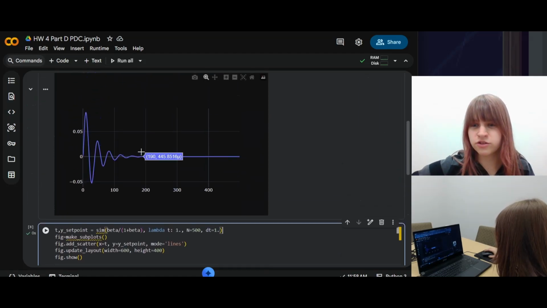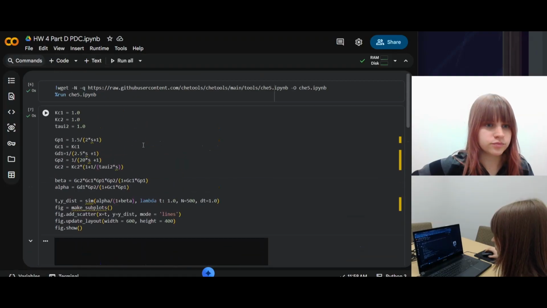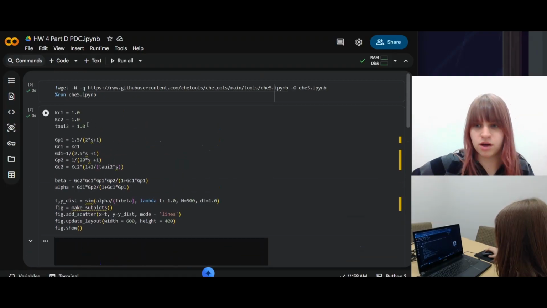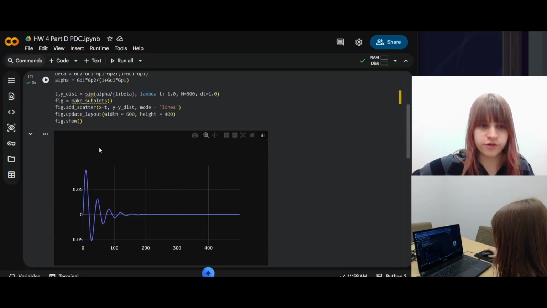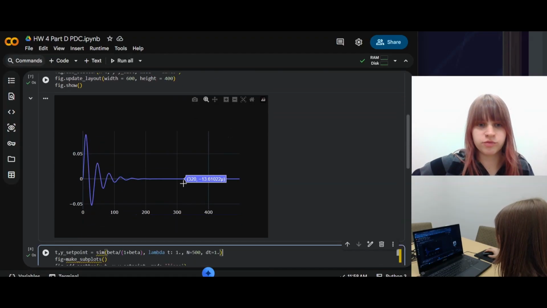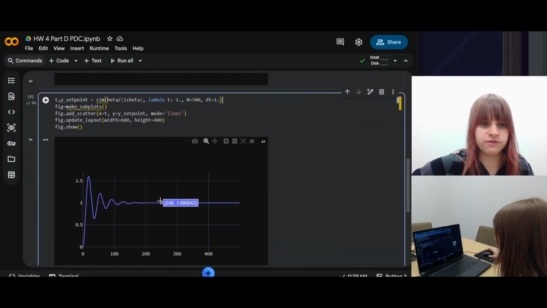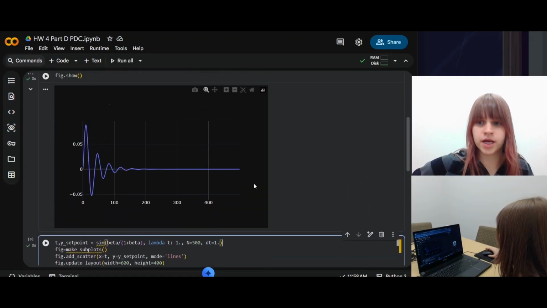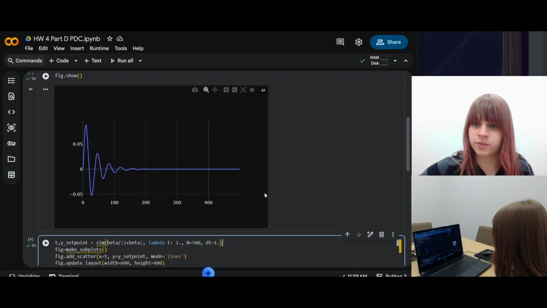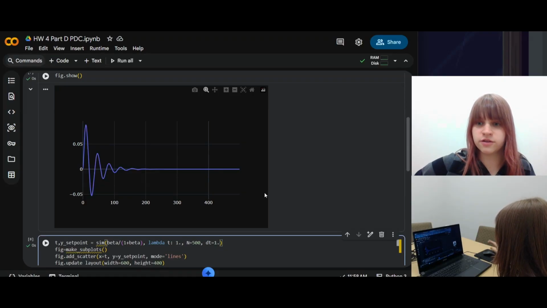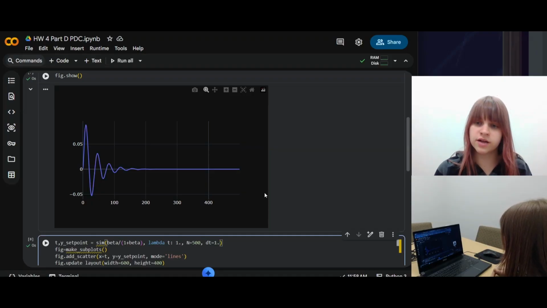So these oscillations are probably because maybe our gains are too high or something needs to be altered, but overall we reach steady state relatively fast. And because we're using cascade control, we can respond to both the disturbances in the cooling jacket water as well as changes in the reactor temperature set point.